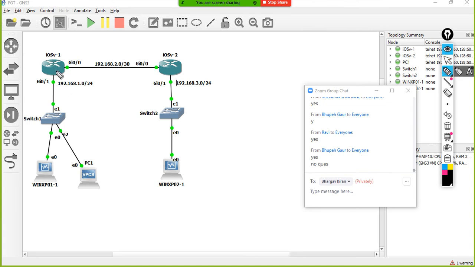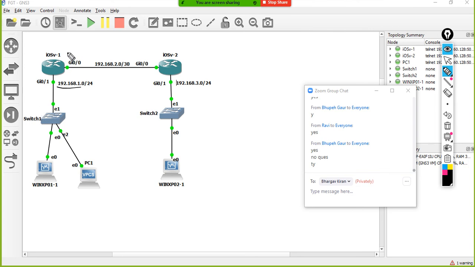Right, guys. Now, in router 1, the directly connected network is 192.168.1.0, and the other one is 192.168.2.0. So these two are the known networks. And from the router 2 perspective, they are the 192.168.3.0 network and the 192.168.2.0 network. Is it clear, guys?